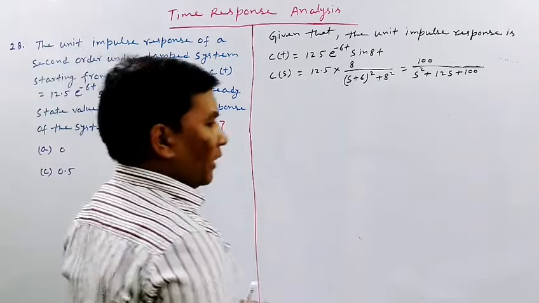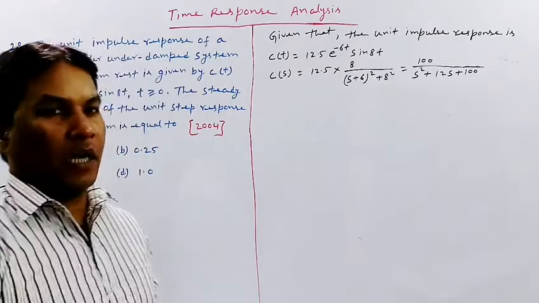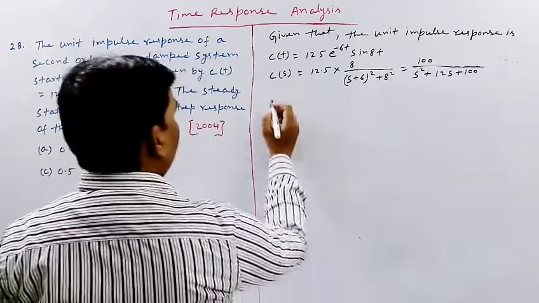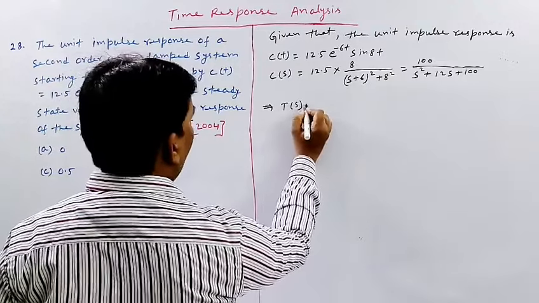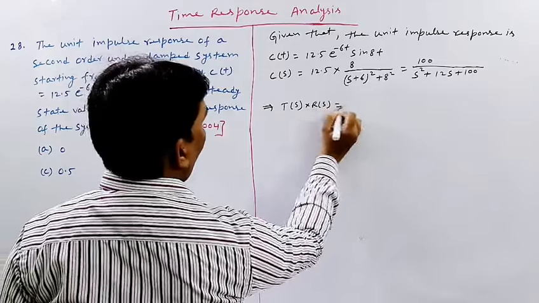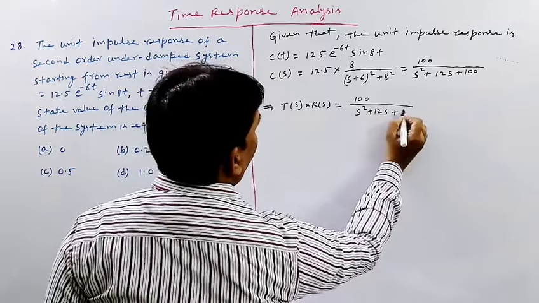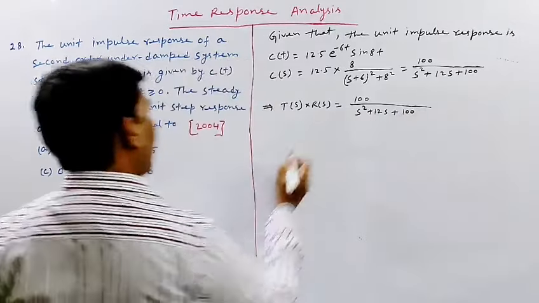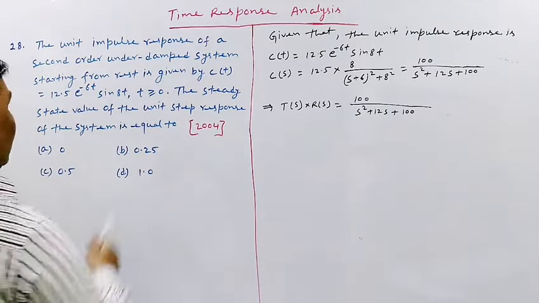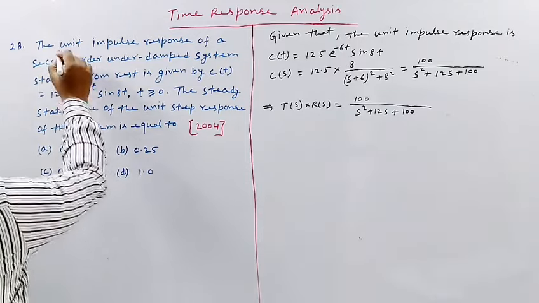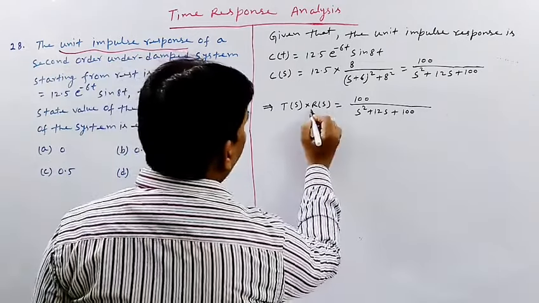So what is C(s)? C(s) is nothing but the transfer function T(s) multiplied by R(s). This implies T(s) multiplied by R(s) is equal to 100 divided by s square plus 12s plus 100. Here R(s) is the Laplace transform of input and T(s) is the transfer function. Since it is given that the input is the unit impulse, R(s) is 1.